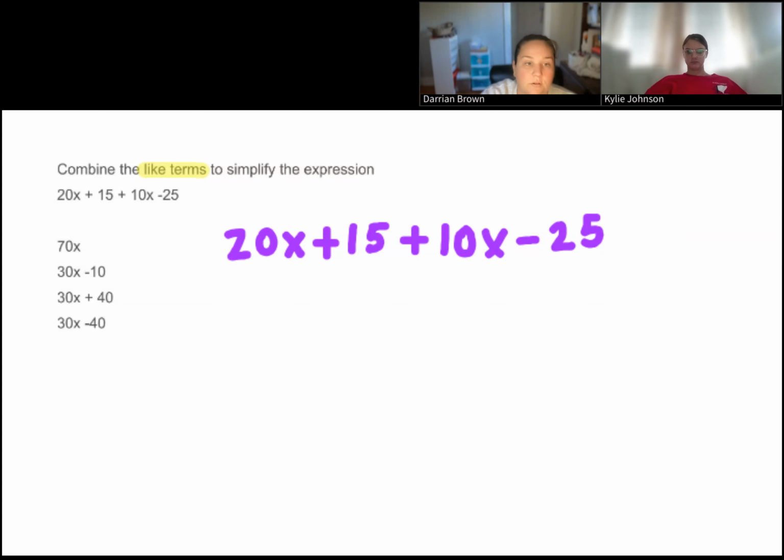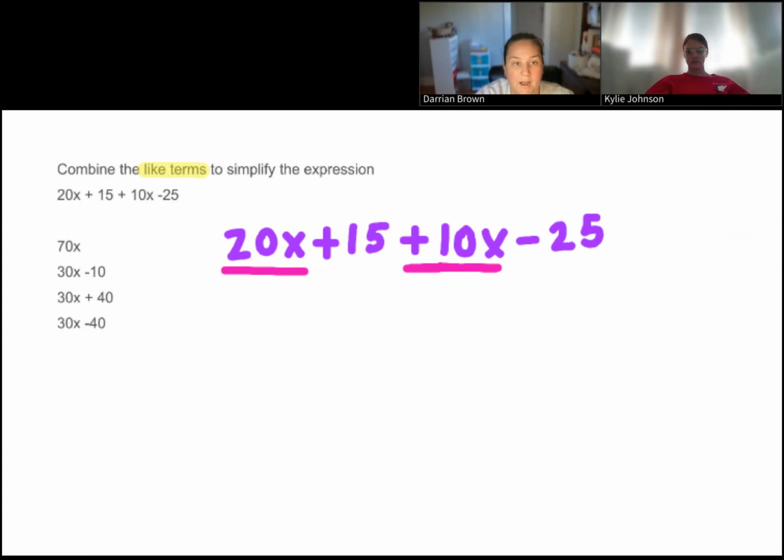Okay, so let's look at the terms that do have a variable attached to them first. Which numbers have a variable attached to them? Very good, Kendall. 20x and plus 10x have a variable x attached to them.